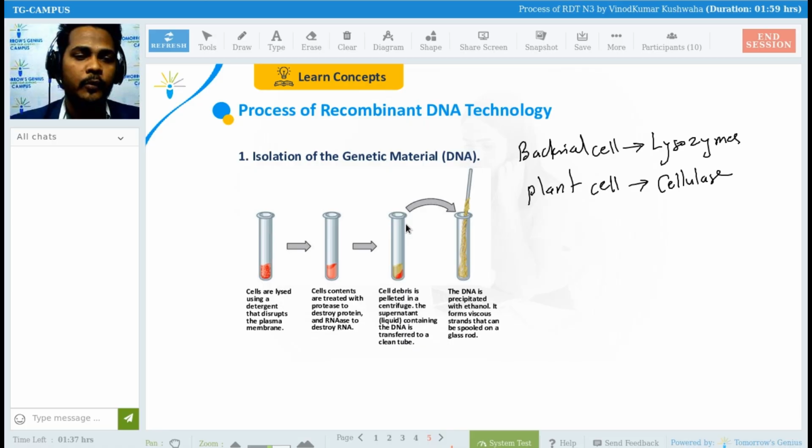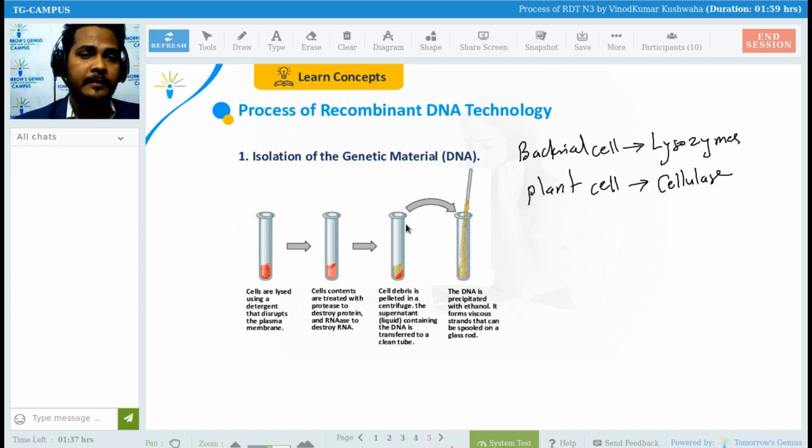Polypeptido. Yes, it's peptidoglycan. So that's why we need to use lysozyme. The plant cell is made up of cellulose, and that's why we need cellulase to digest the cellulose.